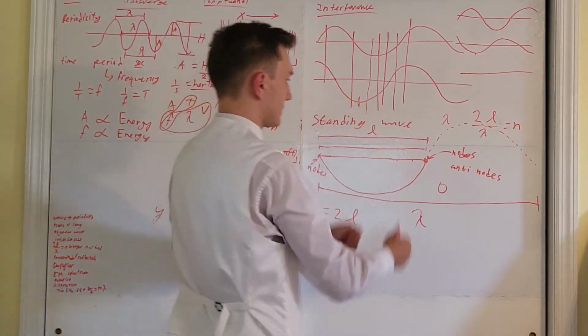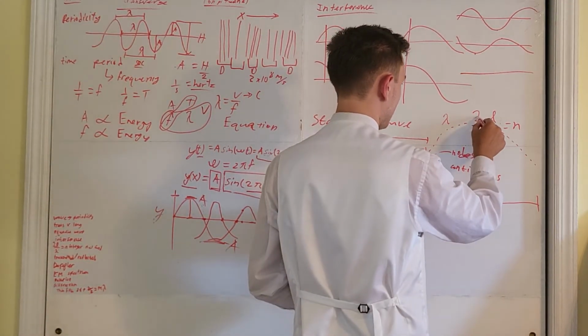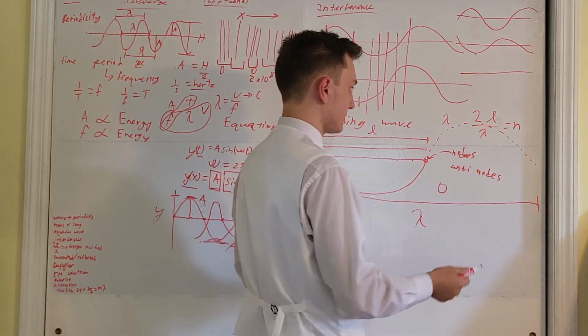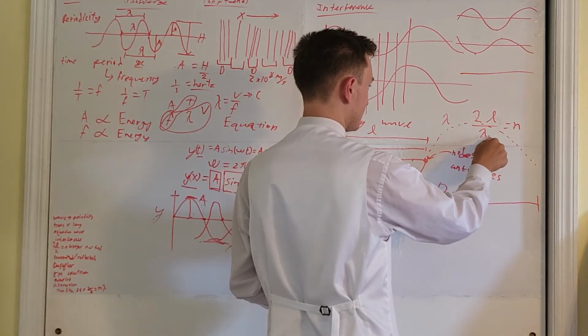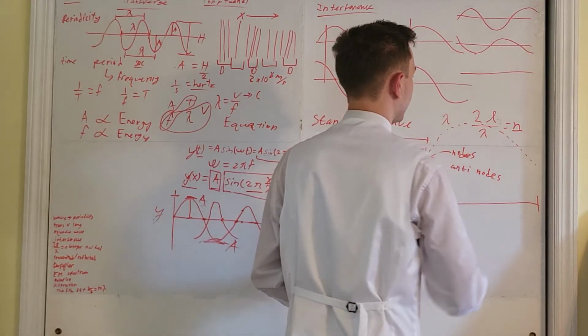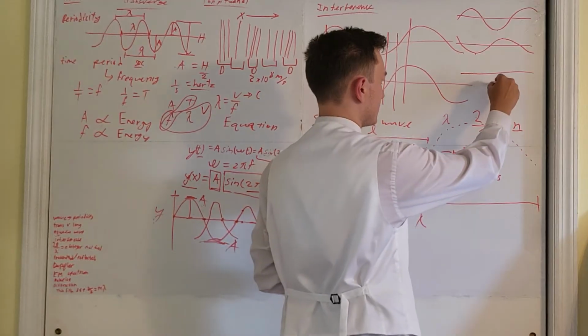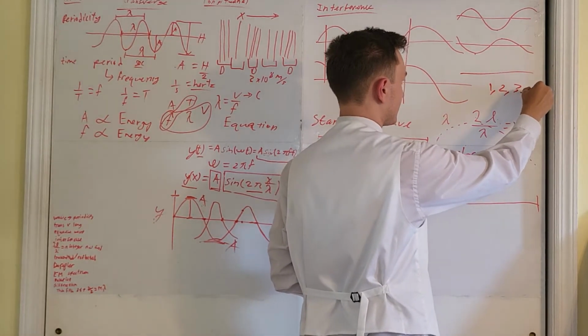So that is what this equation is telling us. 2 times the length of the wire, or the length of the space, divided by our lambda must equal an integer. That is what this n means. It could mean any integer, 1, 2, 3, etc.